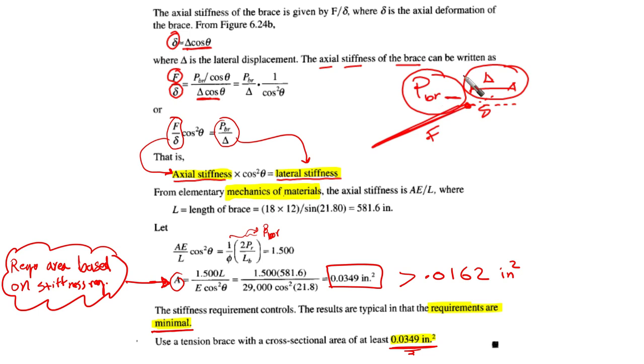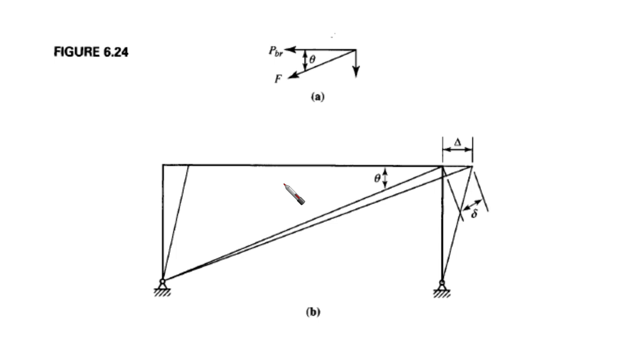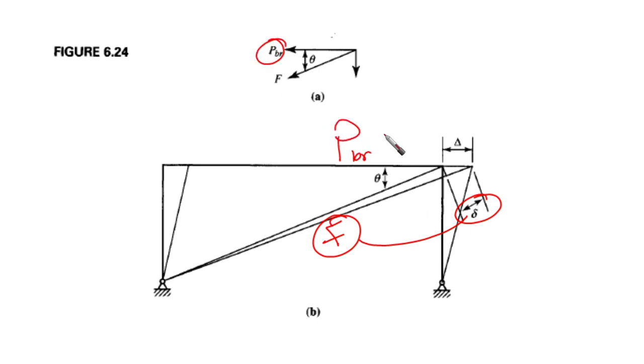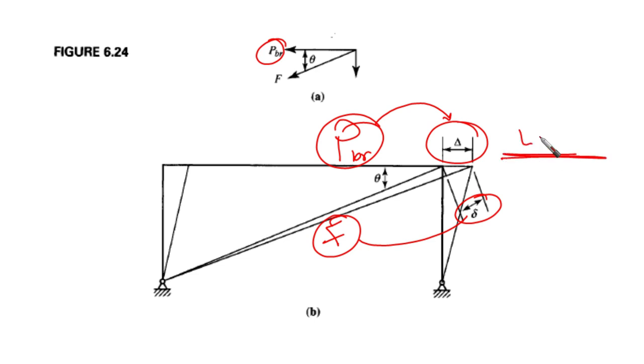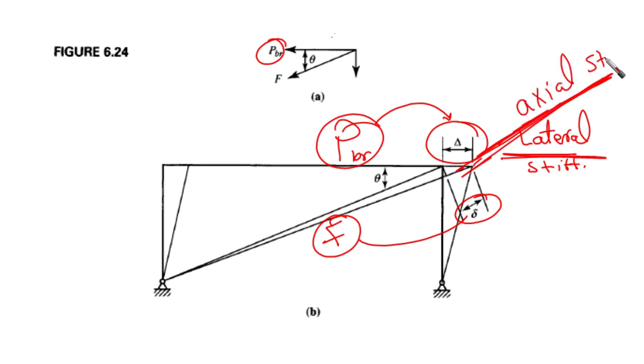Here F over delta is axial stiffness, but P BR over capital delta gives us lateral stiffness. In the direction of the member itself, we call it axial stiffness.